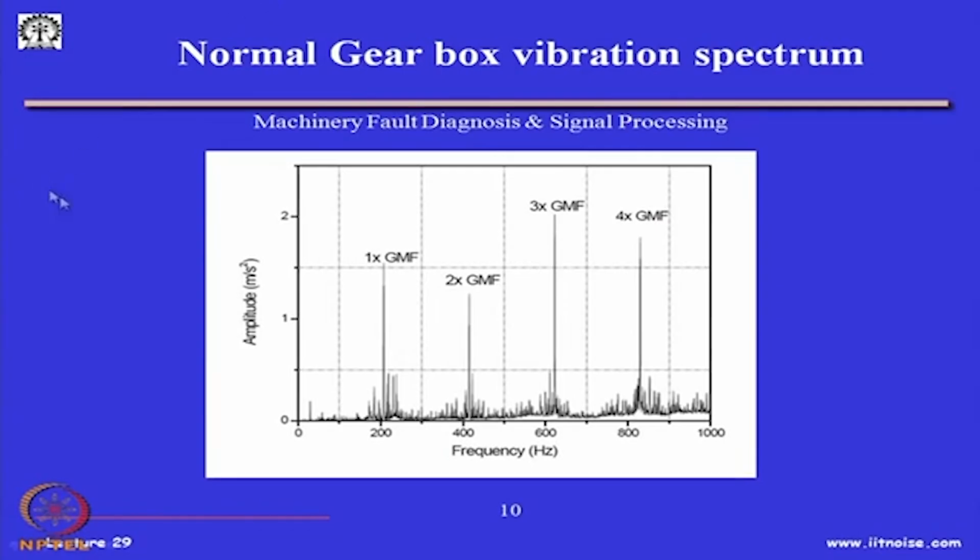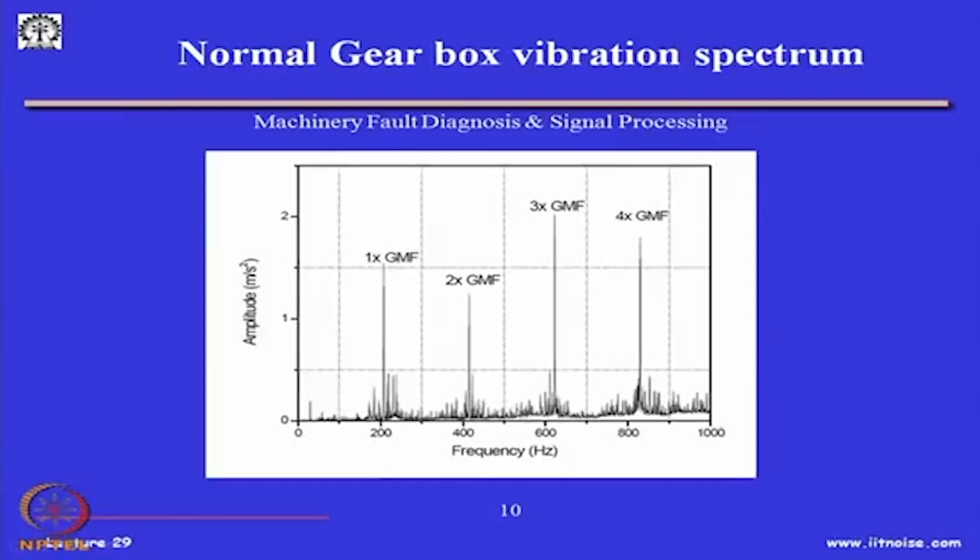I will just give you a relative feel: this is a normal gearbox frequency spectrum, okay. You will see from 0 to 1000 in the gearbox which I had shown in the laboratory simulator, and this is the amplitude of the vibration measured at the bearing location, or sometimes on the gearbox casing. You will see these gear sidebands around the gearbox frequencies, and these are characteristics of the gearbox signals.